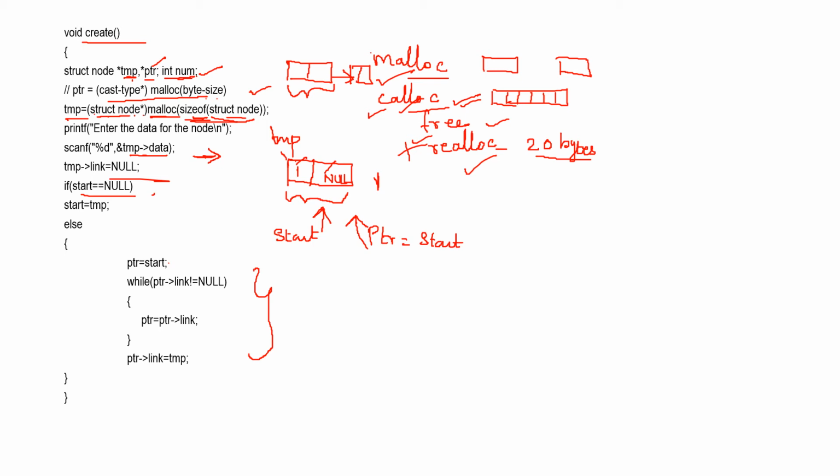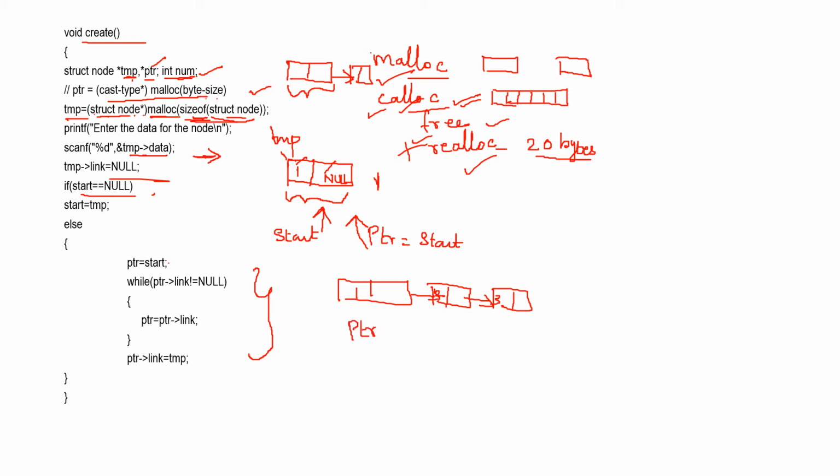What does it mean? Just assume I have several nodes, for example three nodes, with data 1 and 2 here and 3 here.